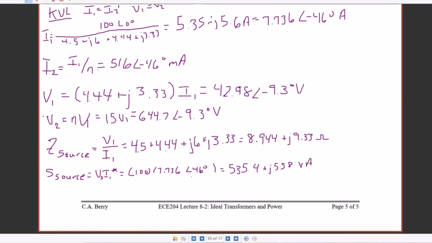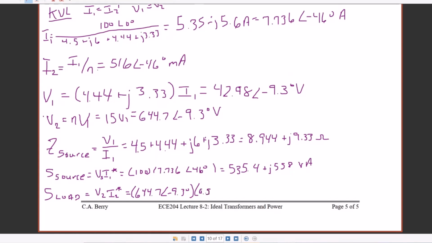So then let's find the complex power at the load. The complex power at the load is going to be V2 times I2 conjugate, where V2 is 644.7 with an angle of negative 9.3 degrees times I2 conjugate, which is 0.516 with an angle of 46 degrees.